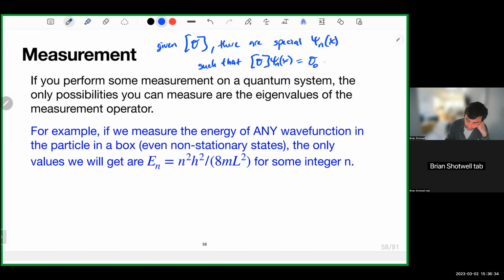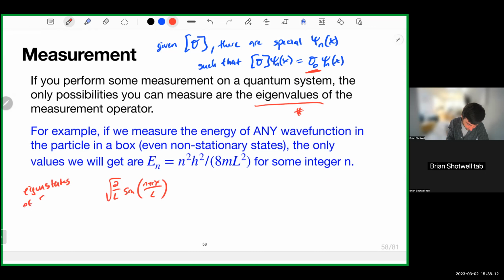And the collection of states are the stationary states that we solve for, the square root of 2 over L, that's a normalization, sine of n pi x over L. These are the psi n, these are the eigenstates of the energy operator, or of the Hamiltonian operator.